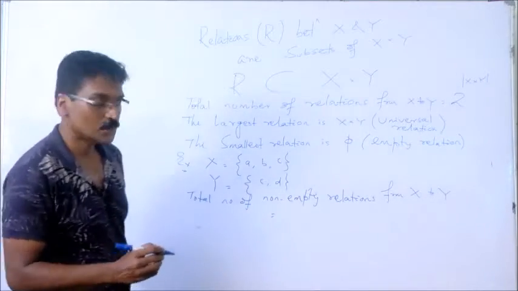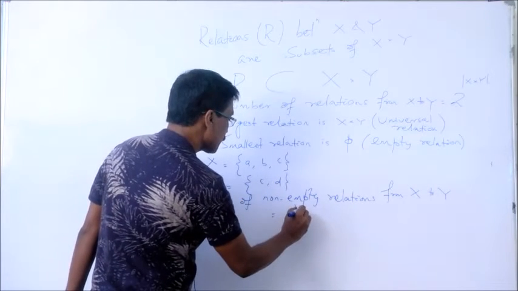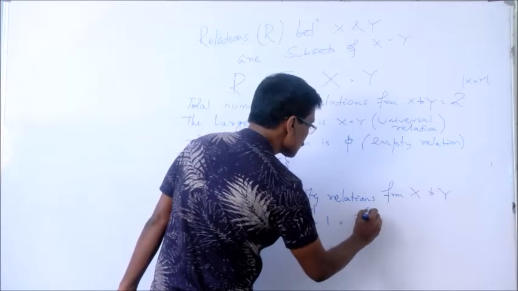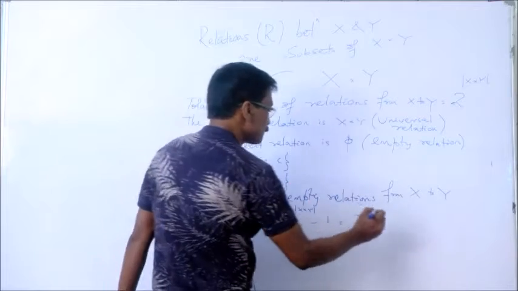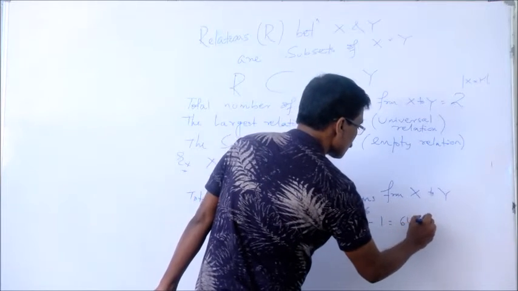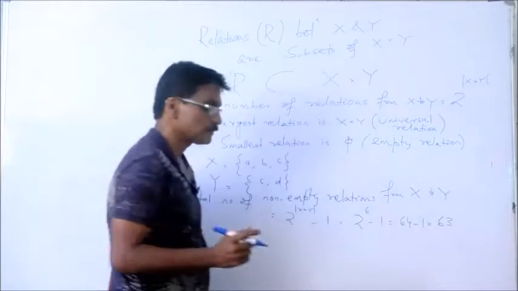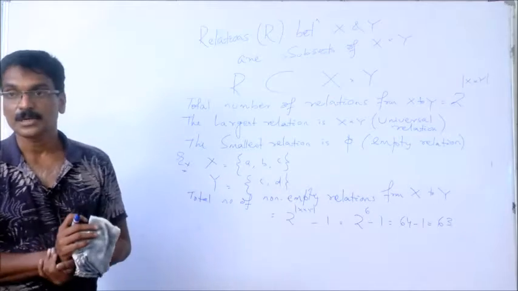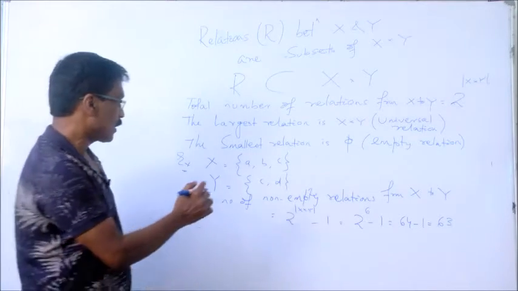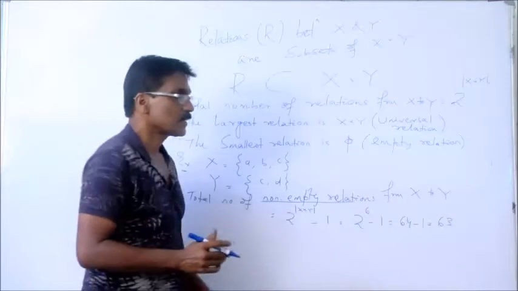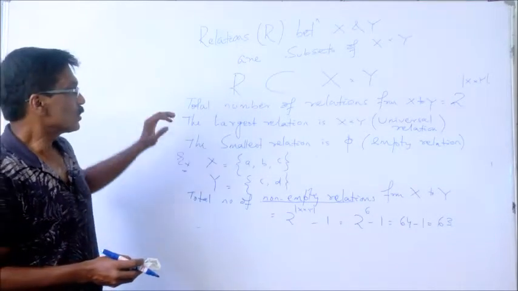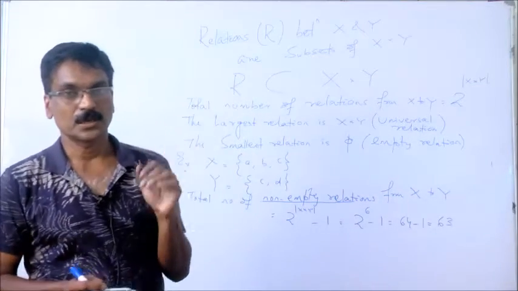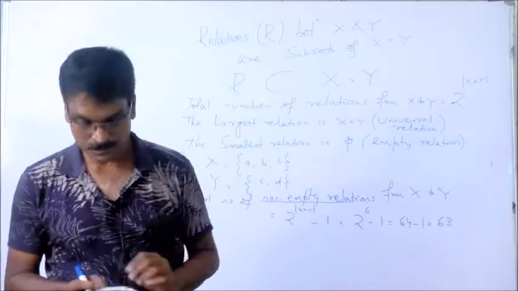It is equal to 2 to the power cardinality of X cross Y minus 1, which is equal to 2 to the power 6 minus 1, that is 64 minus 1, that is equal to 63. So, this is the total number of relations from X to Y. Non-empty means out of this, one is the empty relation. So, these are all binary relations. Binary means one object with one object.